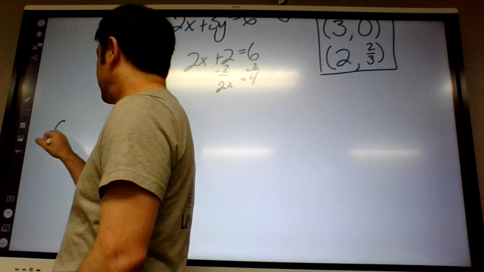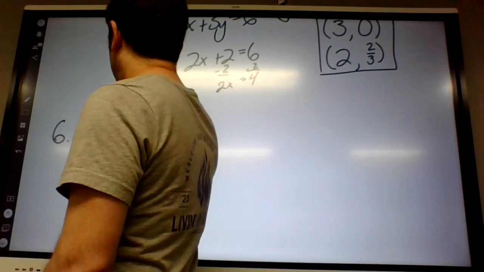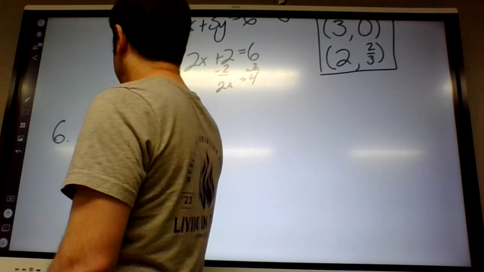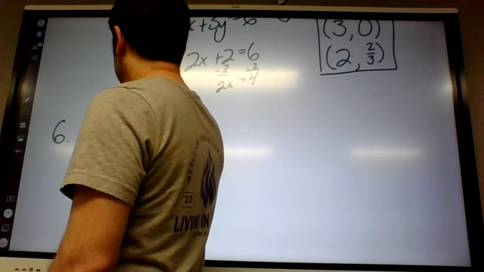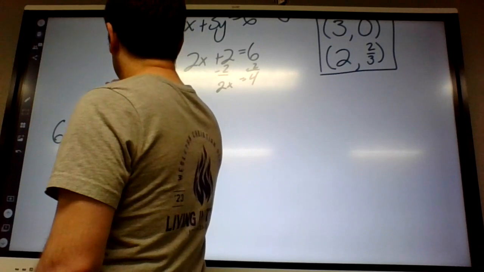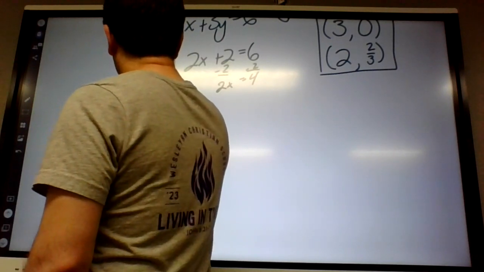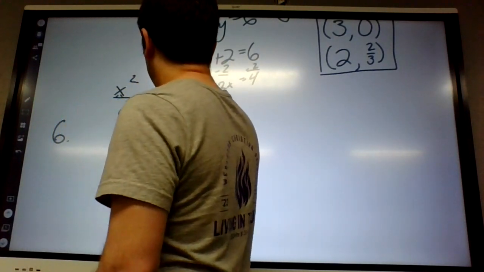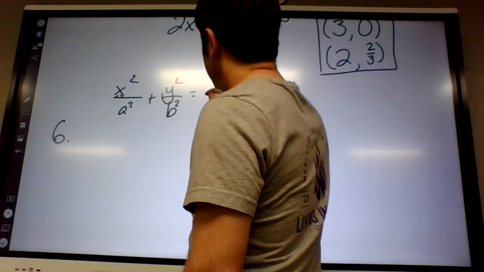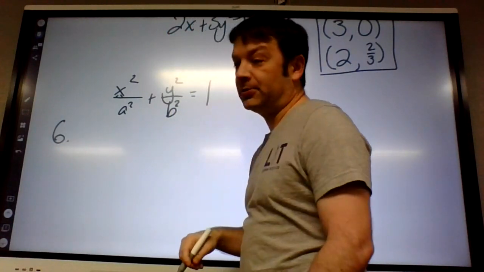It's like x squared over the x-intercept squared. I'll call it a squared. I think the book actually does call it a squared. There's a y squared over the y-intercept squared, and usually you want that to equal 1.